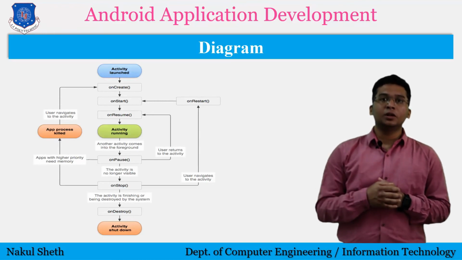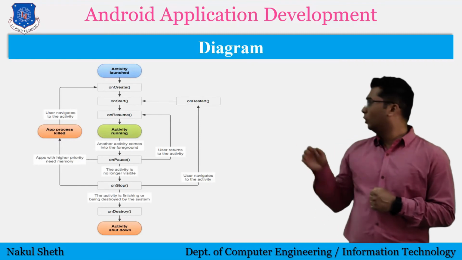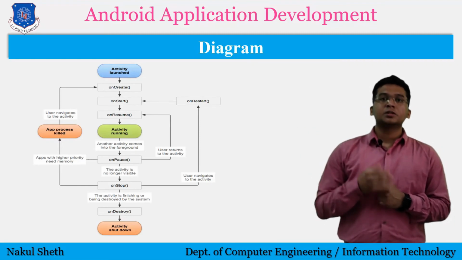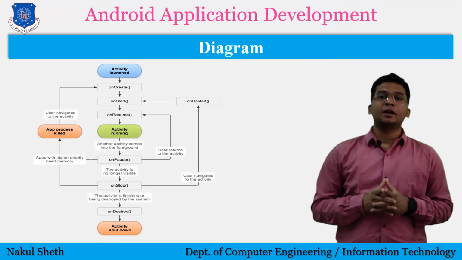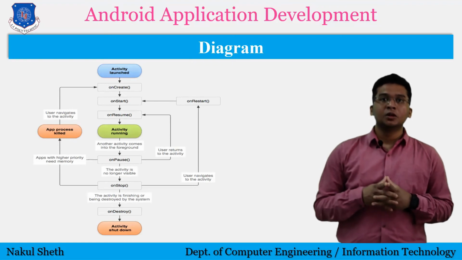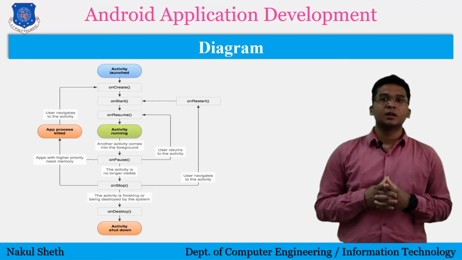Now once you click on the home button or the power button, the onPause method will be called. Once onPause is called, your activity is no longer visible on the screen. After onPause, the onStop method will be invoked.